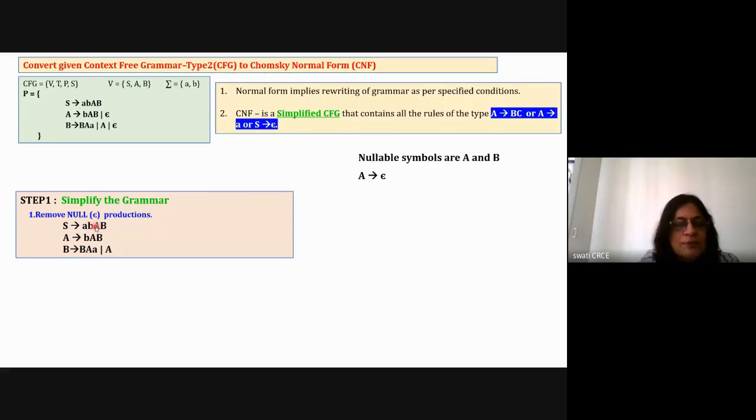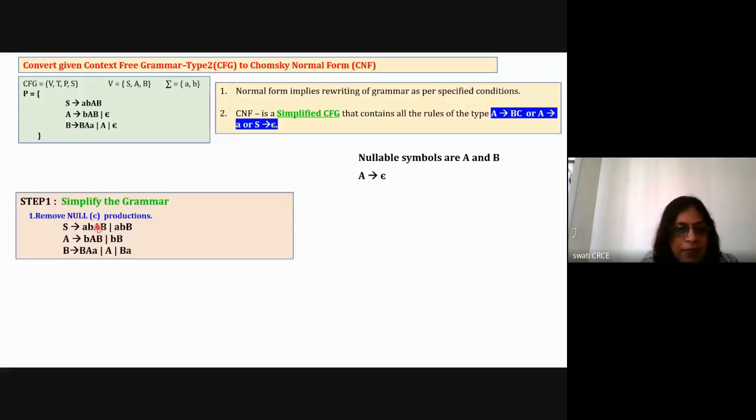Now assume that A is equal to epsilon here. Then S will be small a b capital B. Here, if A is epsilon, capital A will be small b capital B. And if A is equal to epsilon here, then capital B is equal to BA. So this was the addition. With the removal of A is equal to epsilon, I am going to add these three different rules.